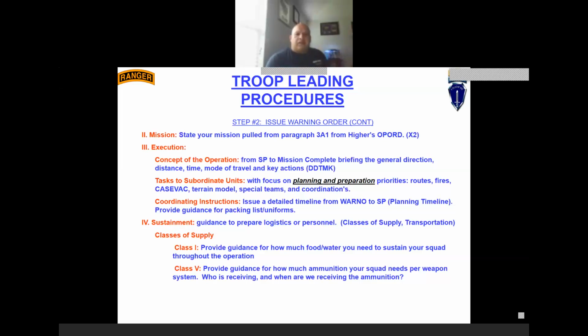Okay, mission statement, execution. The concept of the operation. You start from the SP, mission, complete brief, general directions, distance, time, and travel, and key activities. So what that means is we're stepping off from here at this grid.